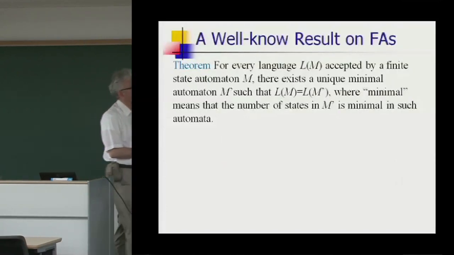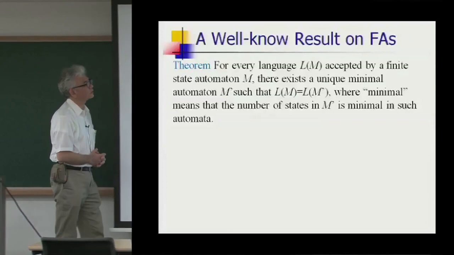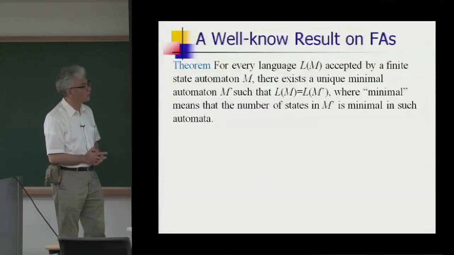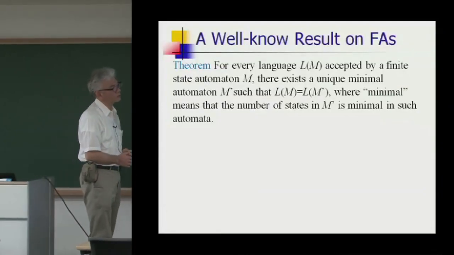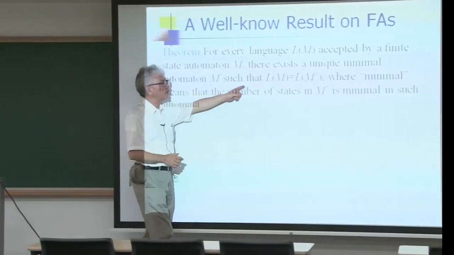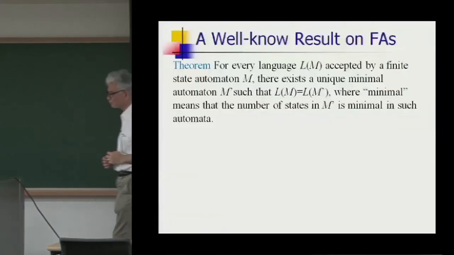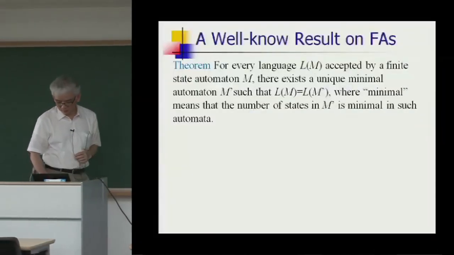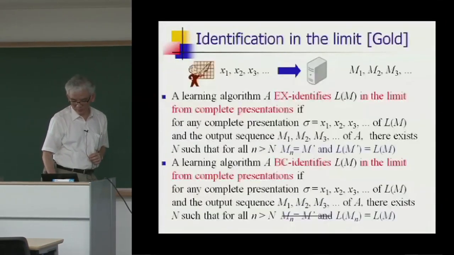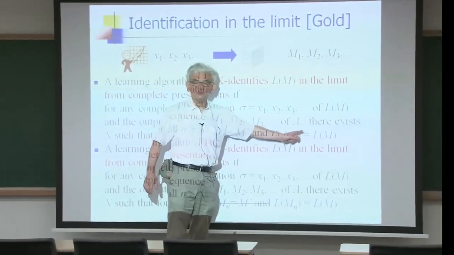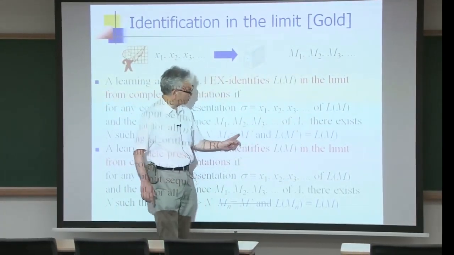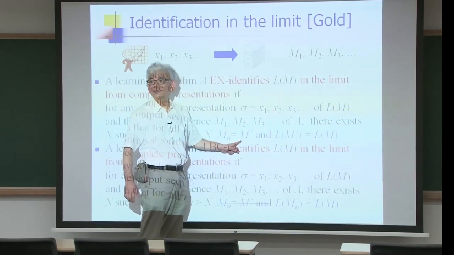So this is a very well-known result on finite state automata. For every language L of M accepted by a finite state automaton M, there is a unique minimal automaton M prime such that L of M is equal to L of M prime. So we cannot write M here, but M prime, which is a state minimal automaton.